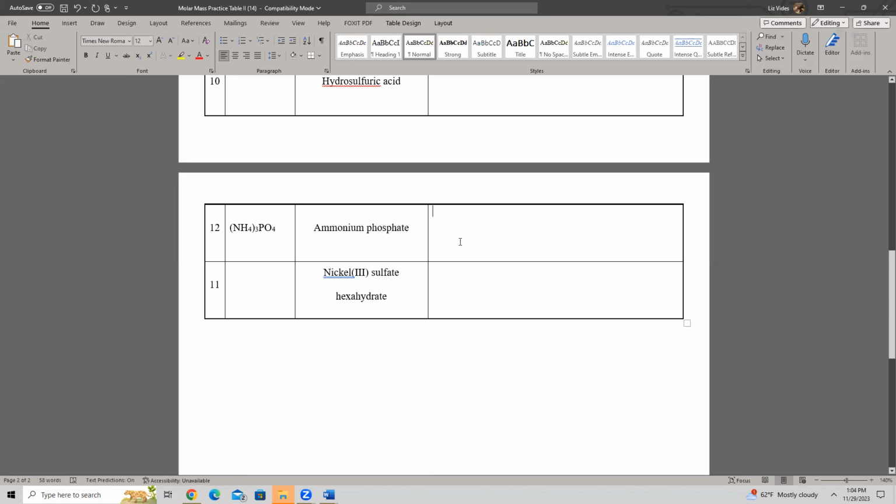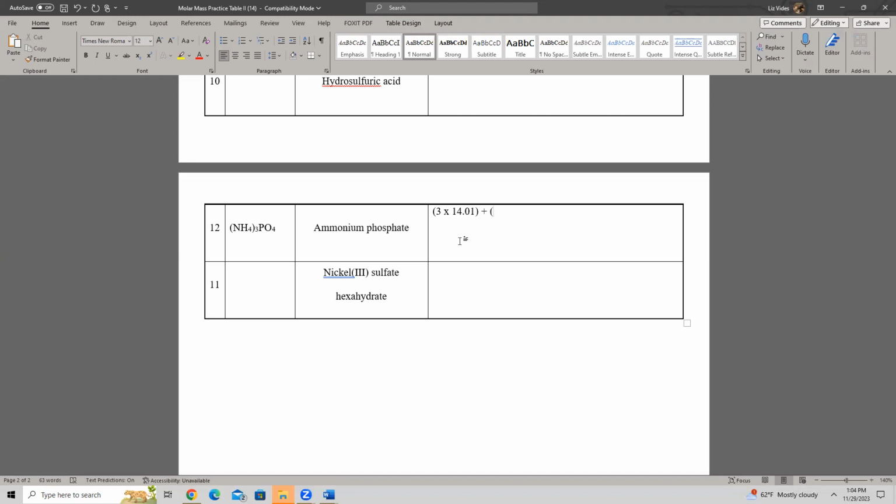They drive me crazy. Okay, so we have how many nitrogens? Three, right? And then that is times 14.01. And then plus how many hydrogens?